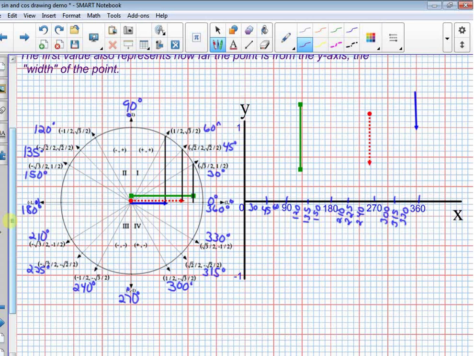So for 30 degrees, I have a green segment. For 45, I have a dotted red segment. And for 60, I have a blue arrow. So I'm representing the x-coordinates this time, which is why I place them going horizontally.